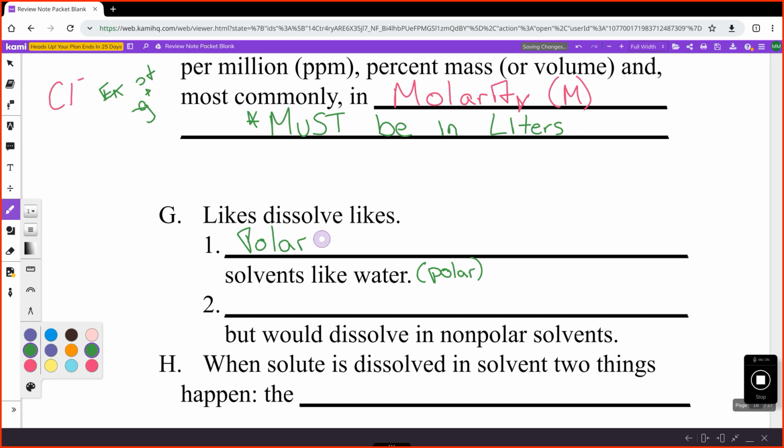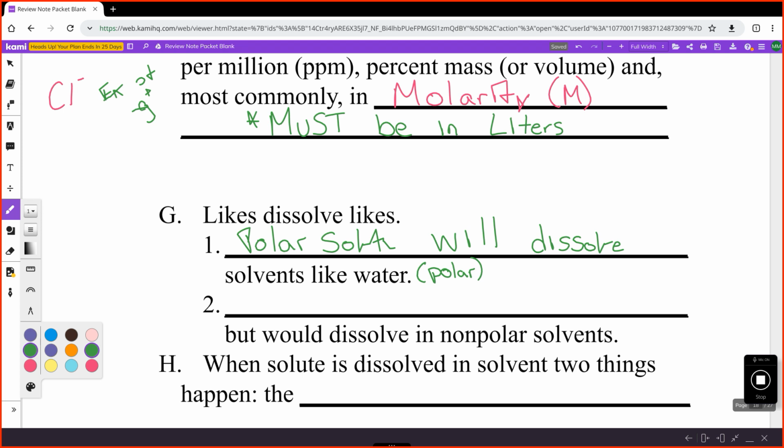A polar solute will dissolve in solvents like water. All right? Polar things dissolve in water because water is polar.